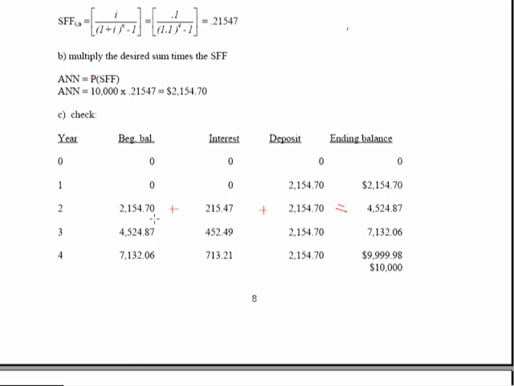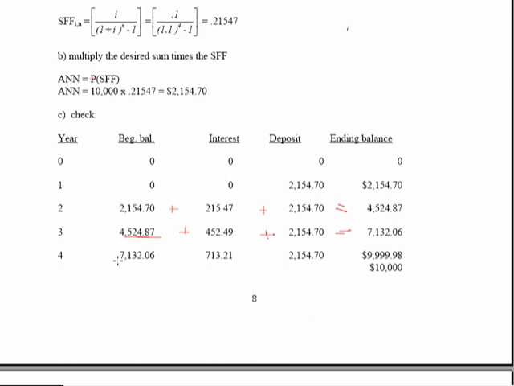That becomes our beginning balance for the next period, year 3. So we start out with a balance of $4,524.87. 10% interest on that is $452.49. We're going to make a third deposit of $2,154.70, and that equals $7,132.06.